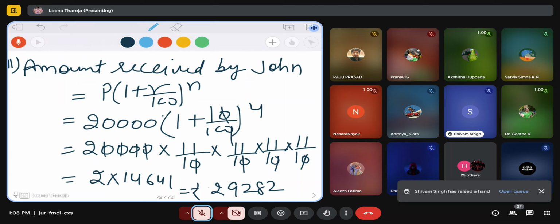But that time, principal, how much will you take if you calculate the amount received by Smith?